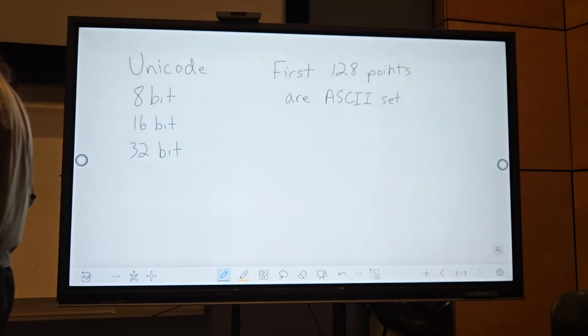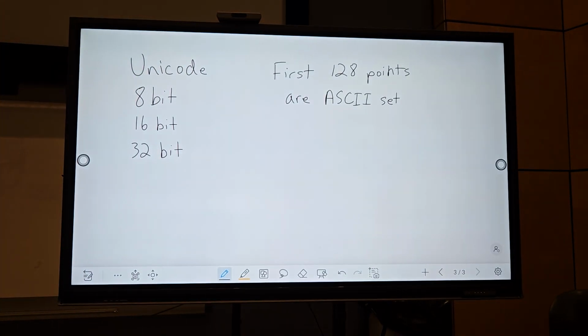But with 32 bits, what is that? 4 billion? Is that right? 4 billion possible combinations of characters and symbols, all that fun stuff.